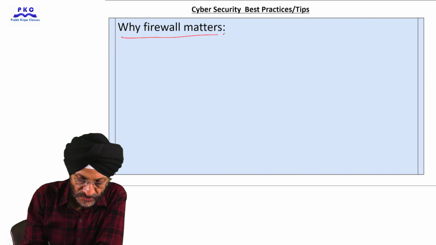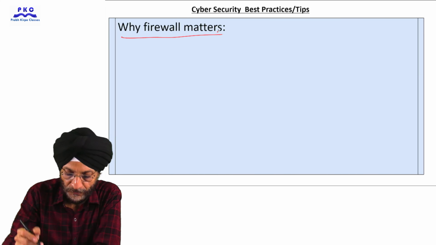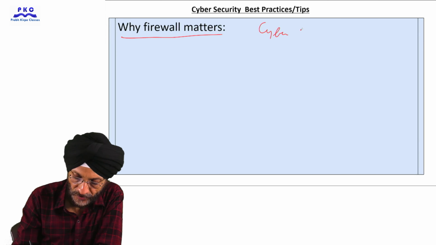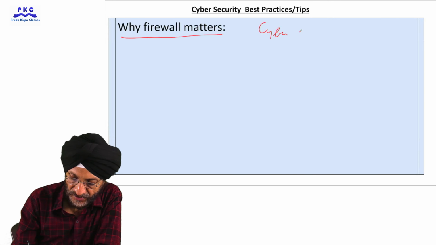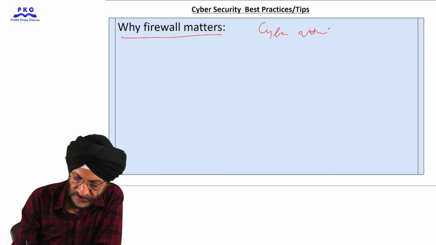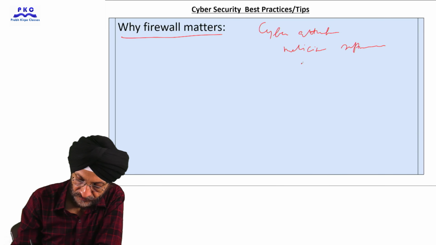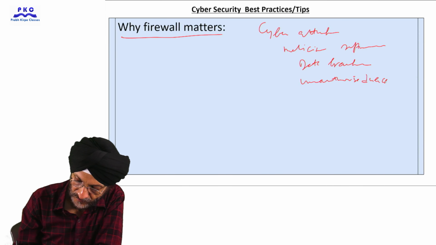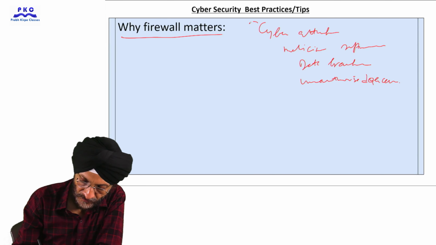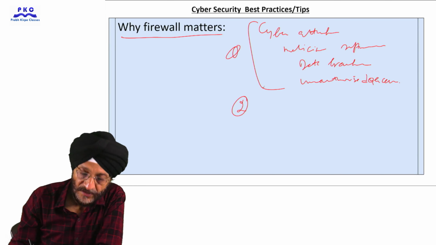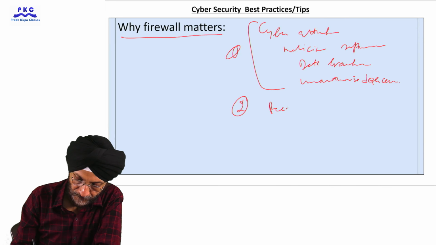Now the question arises, why is the firewall important? Firewall is important to protect the computer systems and network devices from cyber attacks, malicious software, data breaches, unauthorized access. And next point is peace of mind.